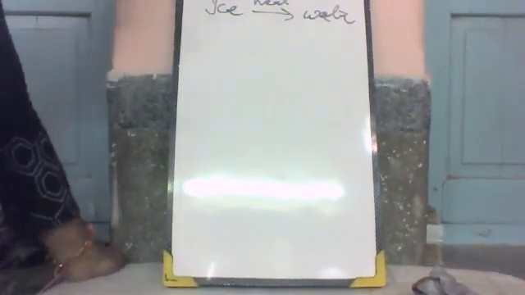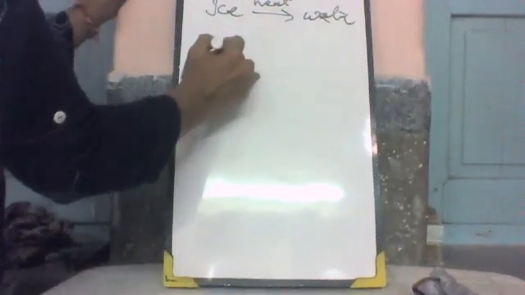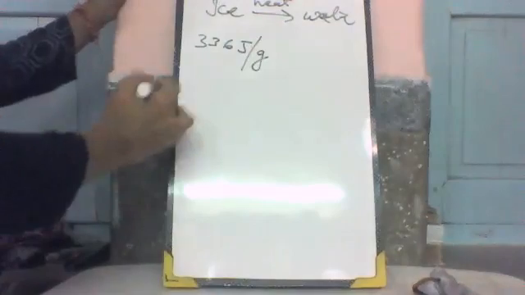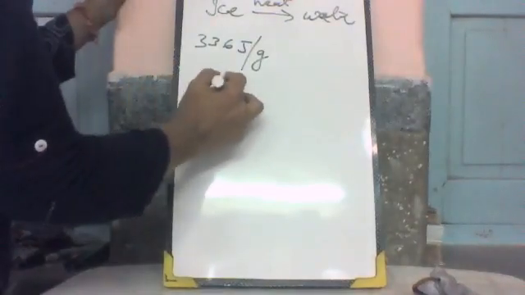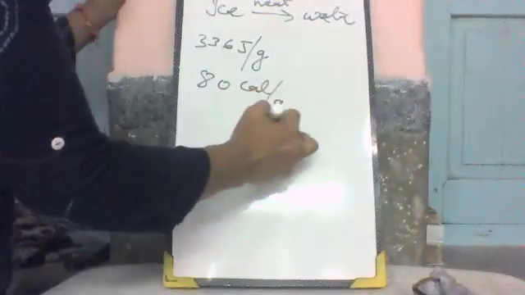What is the specific value? Its specific value is 336 joule per gram. And if we measure this in calorie, it is 80 calorie per gram.